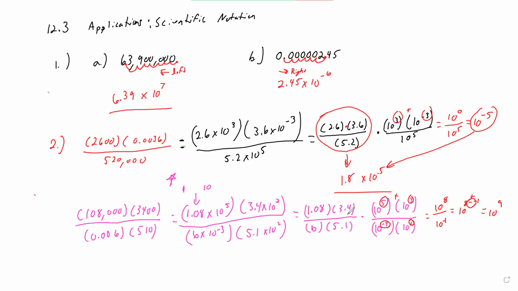Okay, 3.672. 6 times 5.1. And then divide those two numbers.